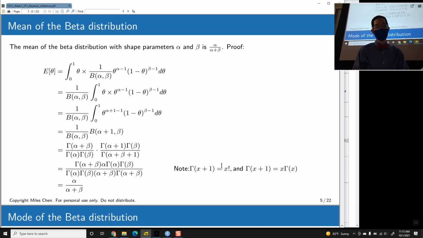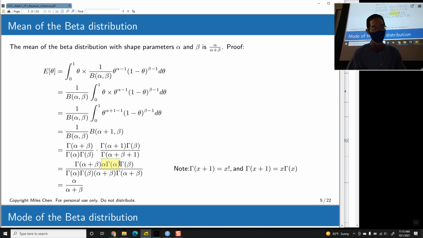If you think about what x factorial is, it's x times x minus 1 factorial, and x minus 1 factorial is just gamma of x. So this is x times the equivalent of x minus 1 factorial, or gamma x. So this part right here, gamma alpha plus 1, becomes alpha gamma alpha.